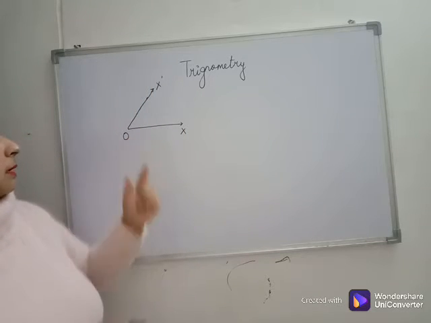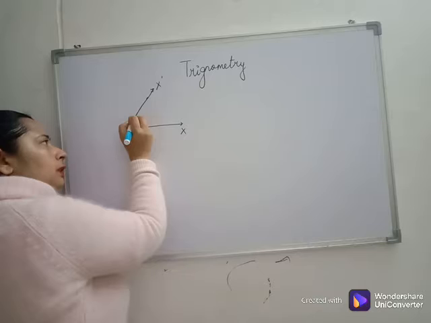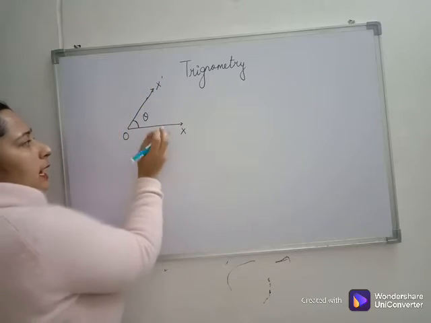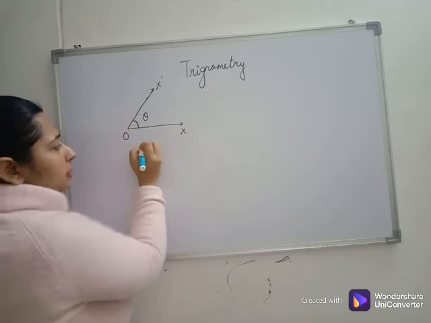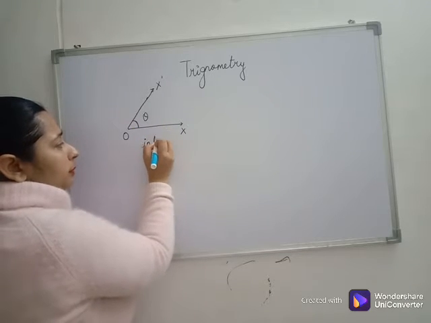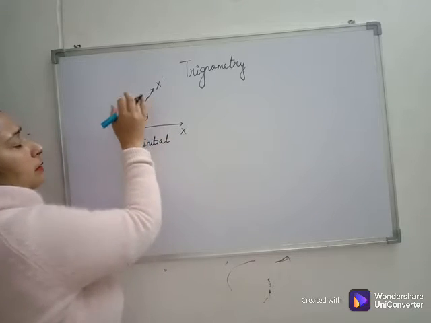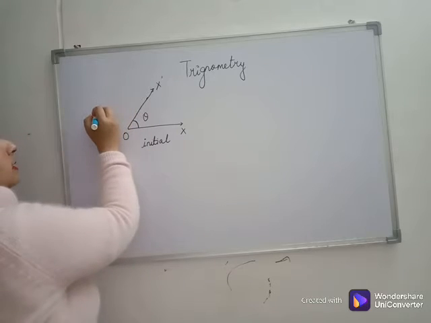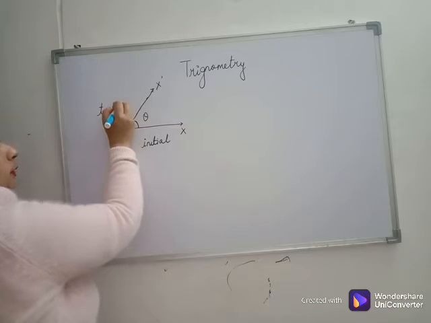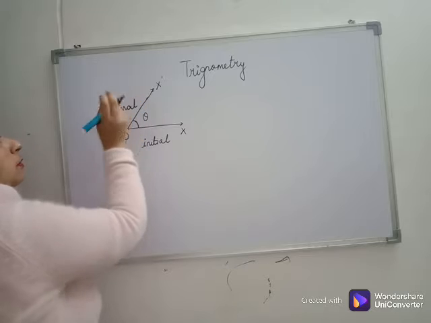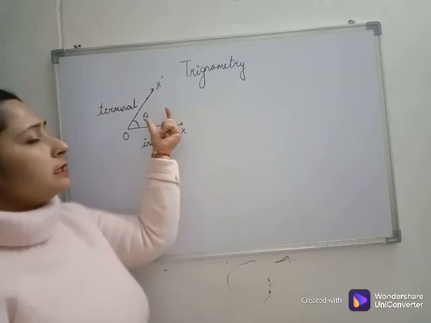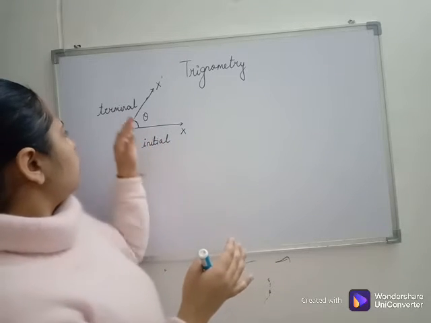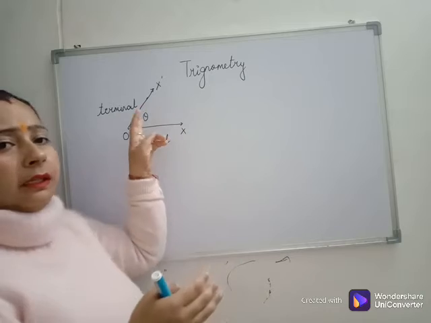This angle where I have rotated will be called theta, and this original ray will be called the initial side. The side to which I have rotated will be called the terminal side, and this is the angle by which I have rotated it. So this is the initial side, this is the terminal side, and this is called the angle theta.